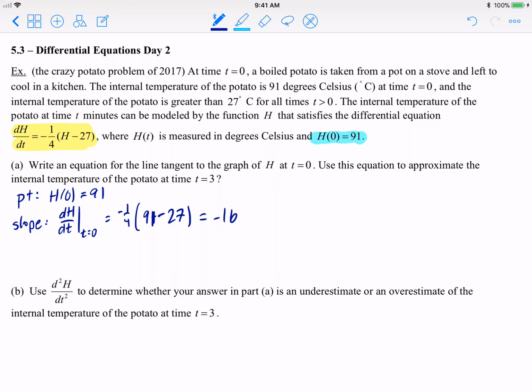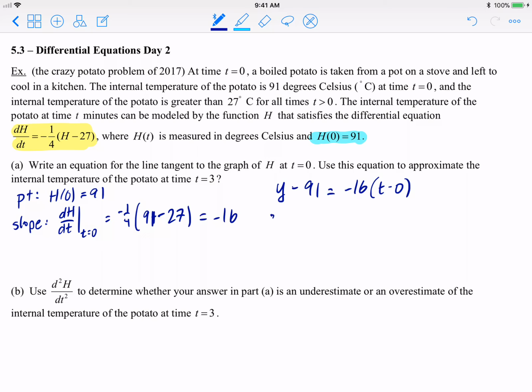And so my equation for my tangent line is going to be y minus y1. The y1 is 91. So y minus 91 is equal to negative 16 times t minus 0. Okay, we want to use this equation to approximate the internal temperature of the potato at time t equals 3.